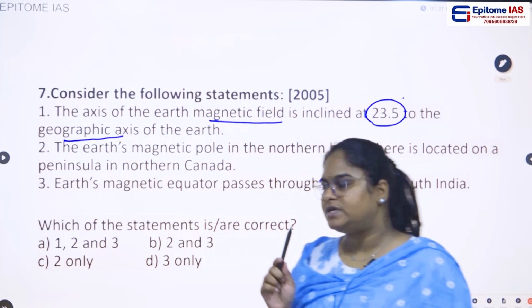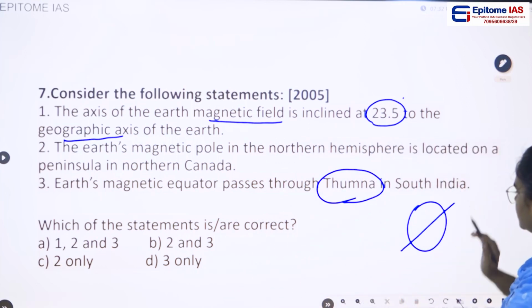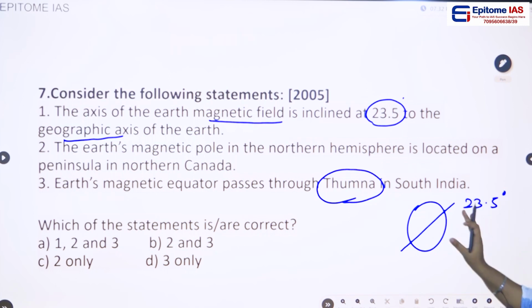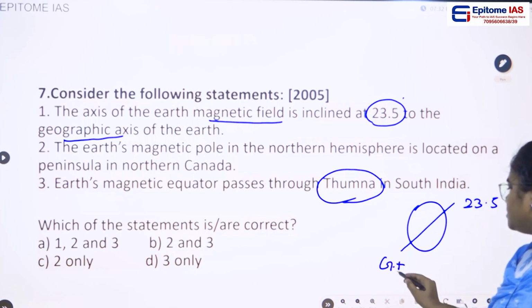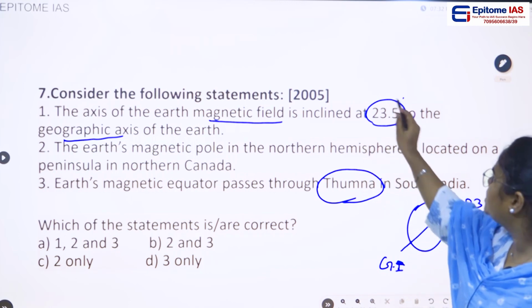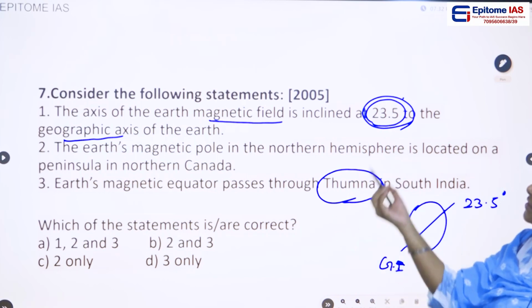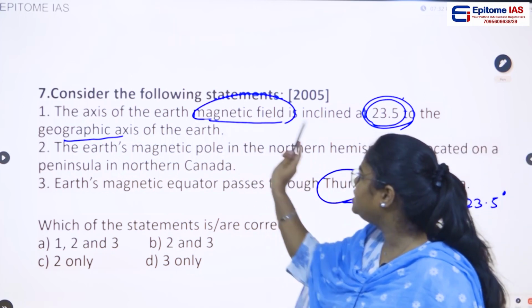Usually we know that the Earth is inclined about 23.5 degrees, as we just saw. This is nothing but the geographical inclination. They are not talking about that 23.5. They are saying the difference between the Earth's geographical axis and the Earth's magnetic field.